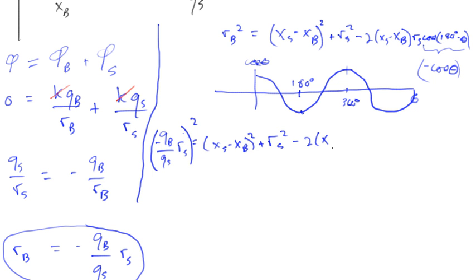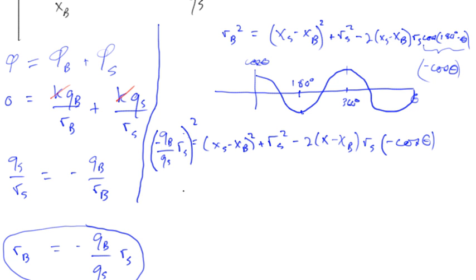So it's minus 2 XS minus XB RS times minus the cosine of theta. Alright, let's gather everything on the right, and I'll put it in the order of highest power of RS to lowest power.